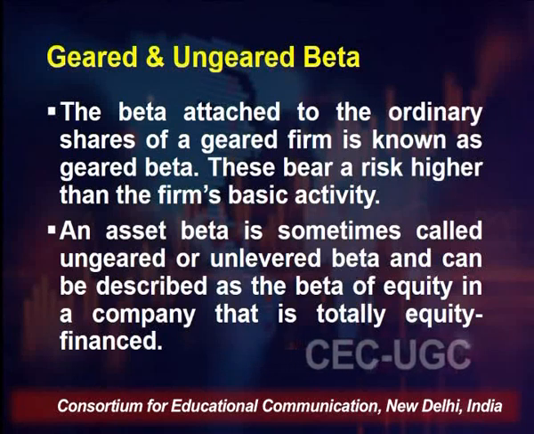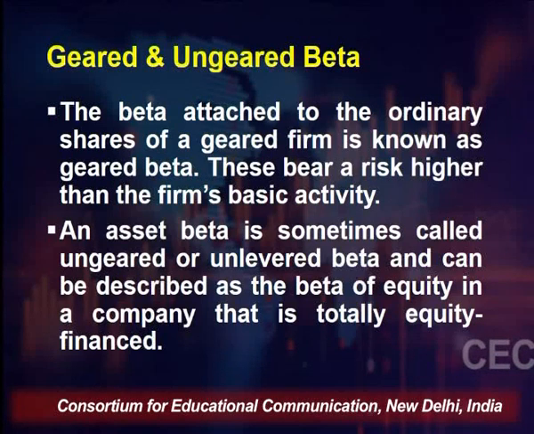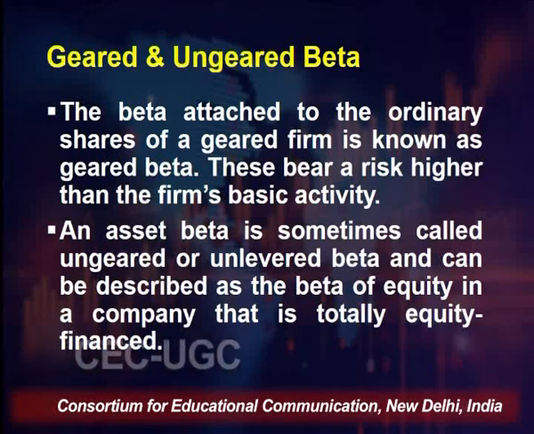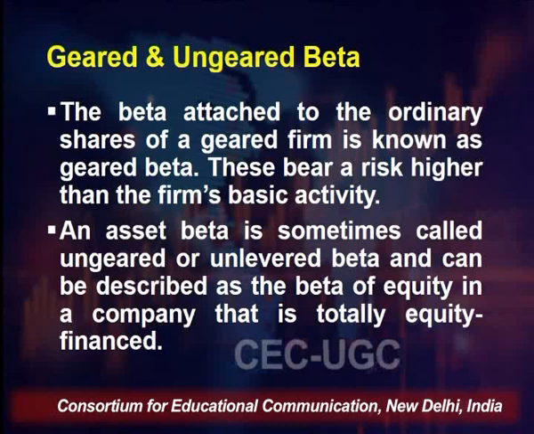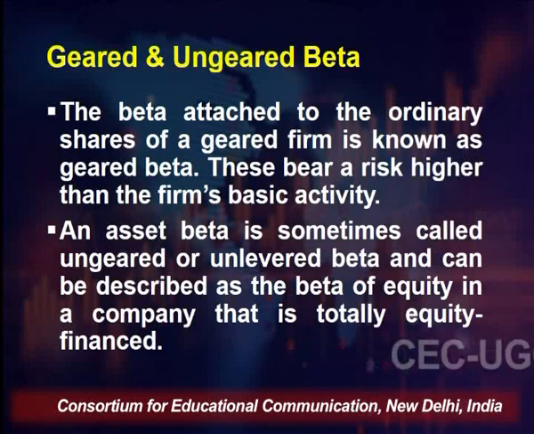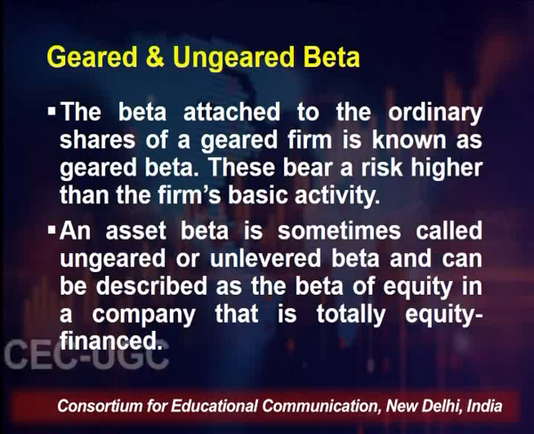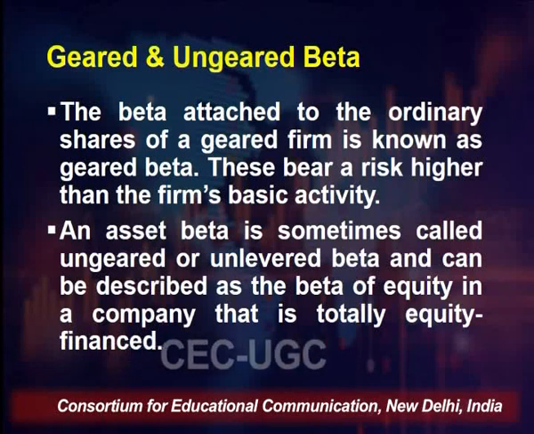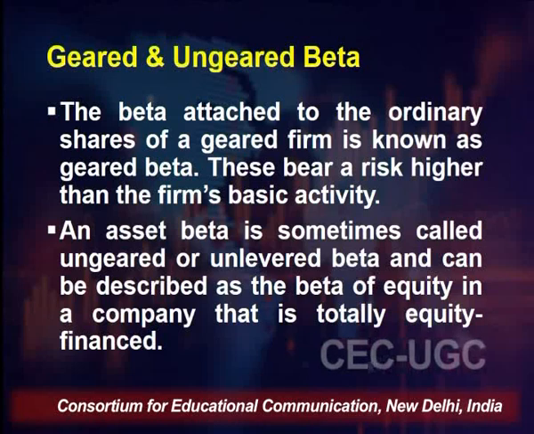But if you invest in a firm which does not have debt, which does not issue debentures, has just its own funds, just uses equity shares, then an asset beta is sometimes called ungeared or unlevered beta and can be described as the beta of equity in a company that is totally equity financed.